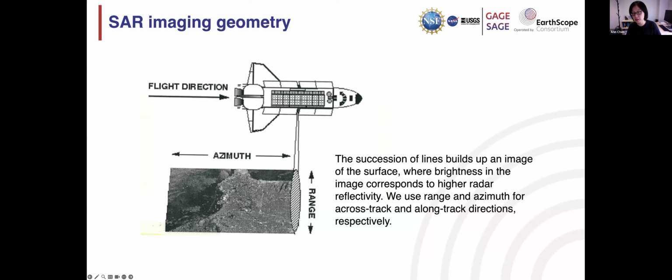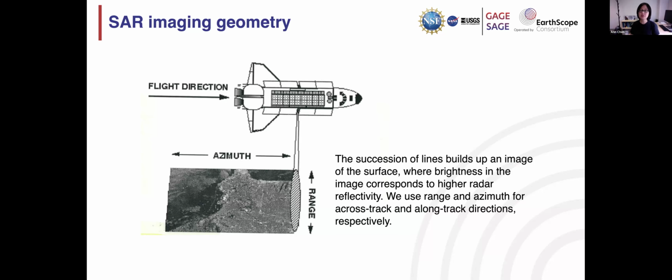From the near range to the far range, the pixels have a different distance between the radar and the ground pixel. That's the range direction. Another way to talk about the azimuth direction is the along-track direction, along where the satellite is moving, and the range direction is the cross-track direction, towards the side where we are looking.